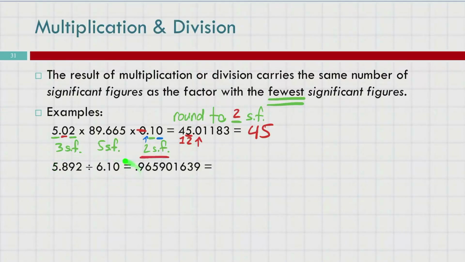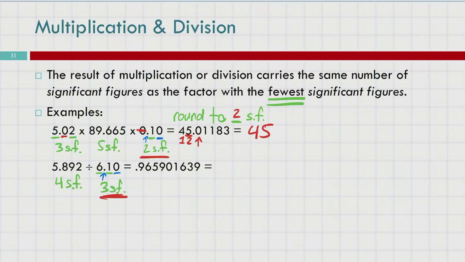For division, the rule is the same. Multiplication and division are the same rule. So we've got 4 significant figures, 4 non-zero numbers. We've got 3 significant figures. We pick the smaller of those 2.